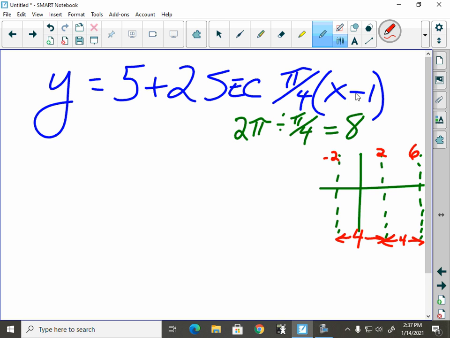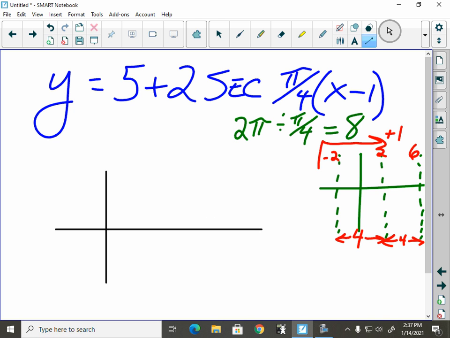This is a -1, so that means everything's going to go 1 to the right. And then here is my secant. Okay, so it's going to have a dotted line really close to this one, yeah. It's going to have one here. It's going to have one here.